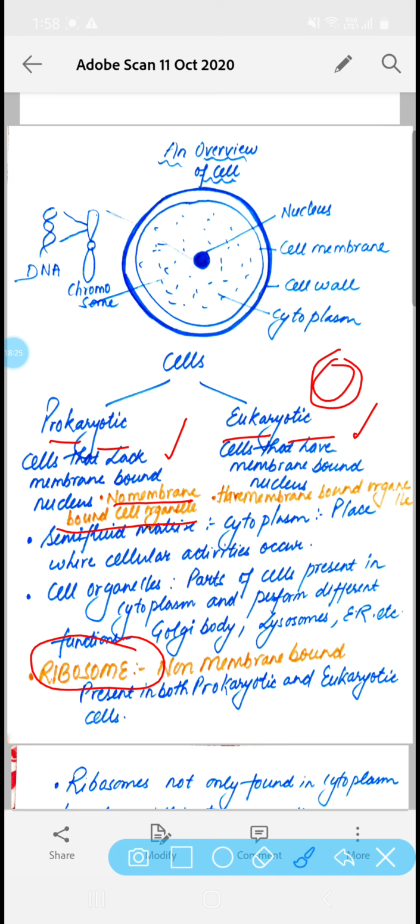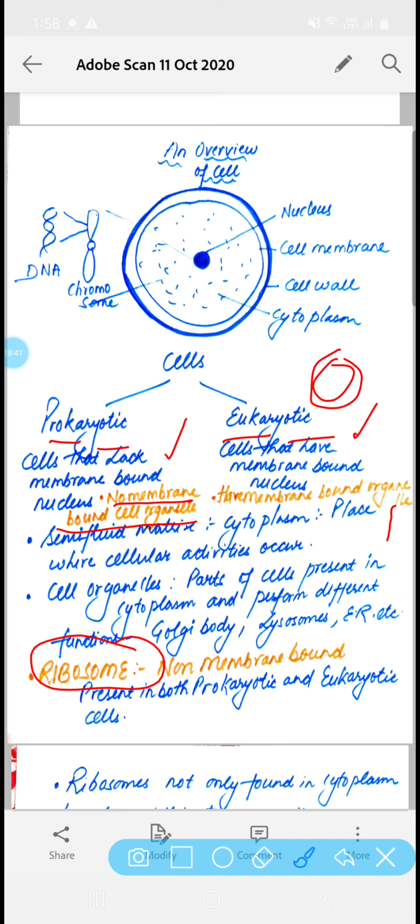Clear? Which protect the inner material of the nucleus. And in the eukaryotic cells, various membrane bound organelles are present. Clear? So that was about the division of the cell based on the structure of the nucleus.